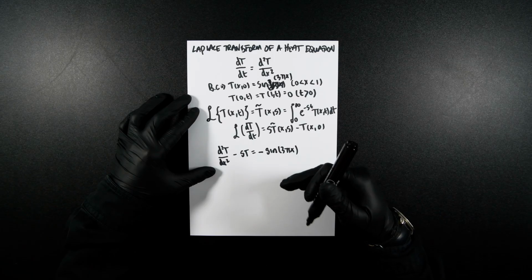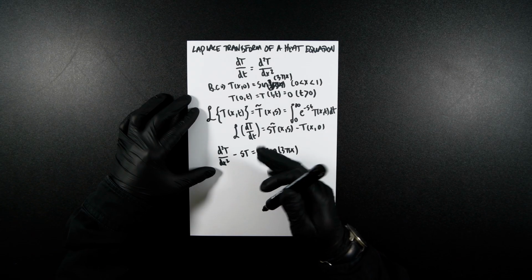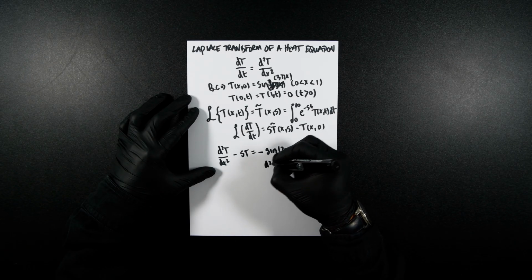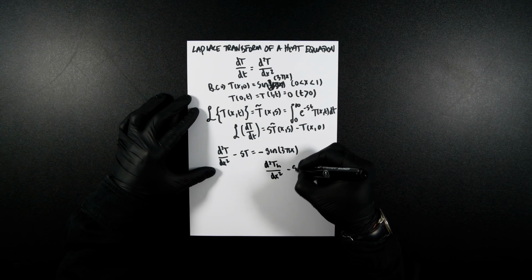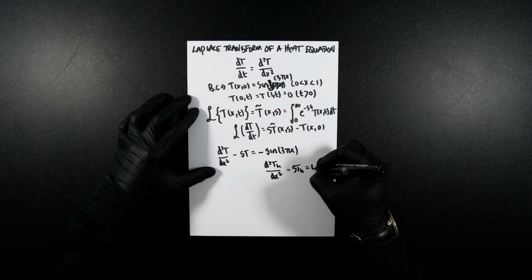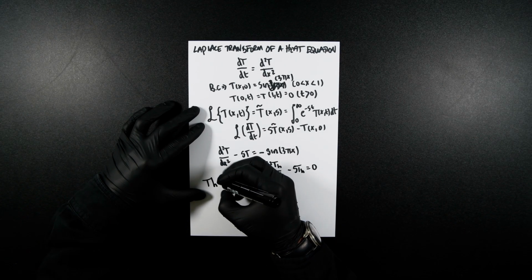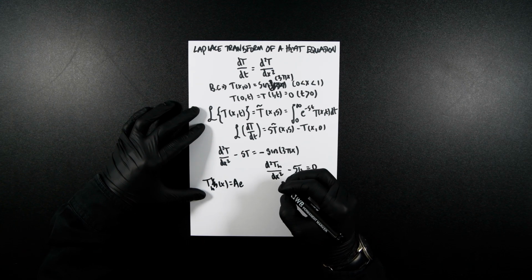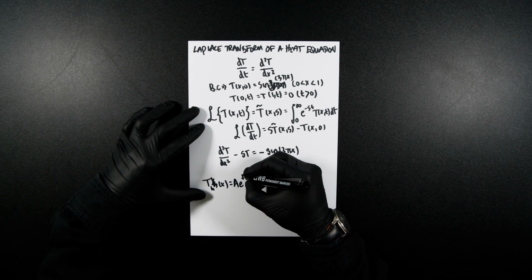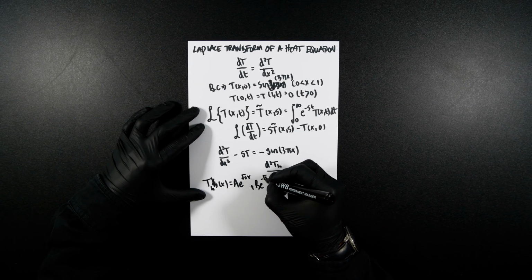So this is a non-homogeneous linear ODE. So we need to now solve the homogeneous part, where T_h, that's the homogeneous part, d2T_h/dx squared minus sT_h equals 0. We know that there's a general solution of T_h(x) would equal A e to the root s x plus B e to the minus root s x.